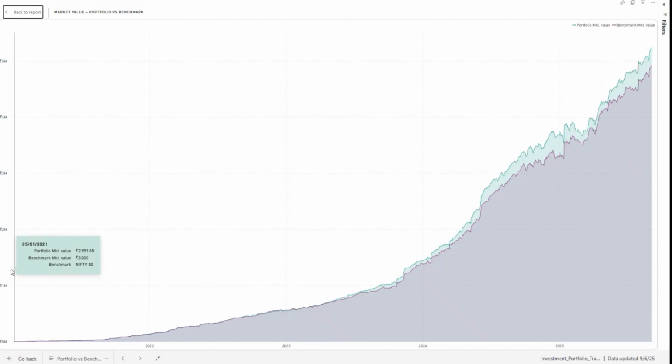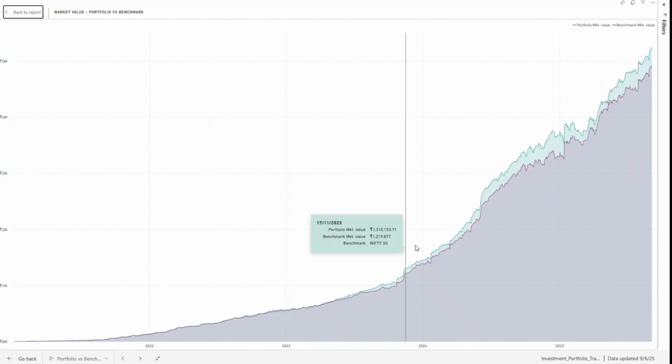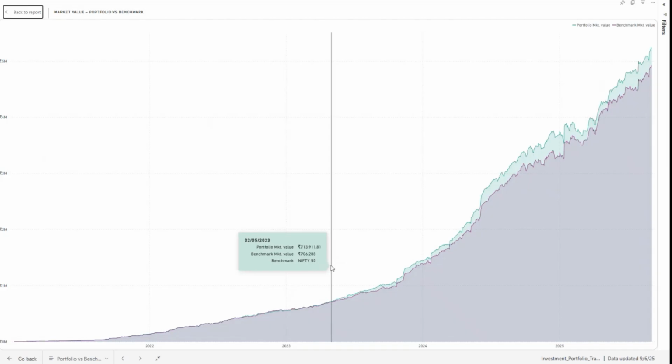So your portfolio between 2021 and all the way to 2023 is more or less in line with the Nifty 50.